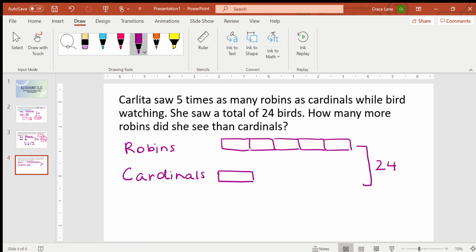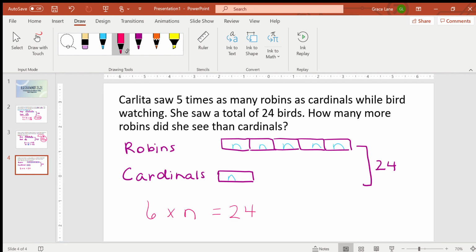I don't know anything else, so my missing numbers right now are going to be represented by an n. And then the multiplication sentence that I'm going to be using, there are altogether 1, 2, 3, 4, 5, 6 boxes. So I know my sentence is going to be 6 times n, 6 times something equals 24.